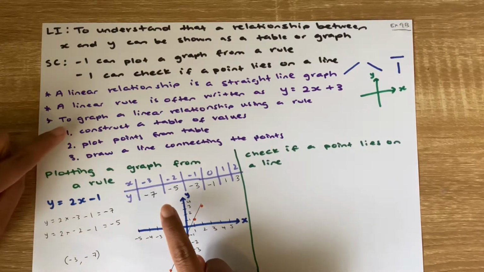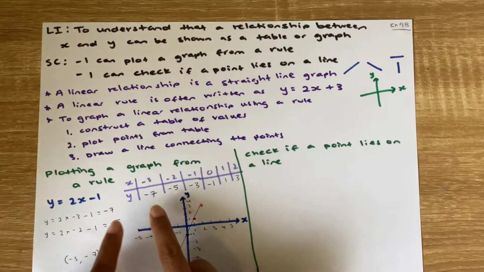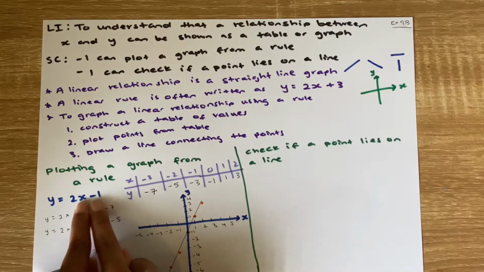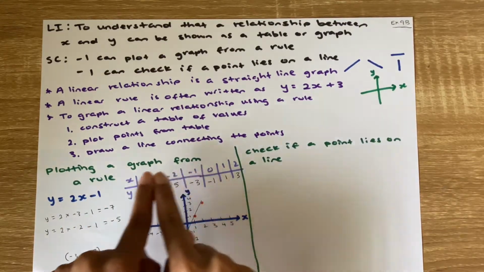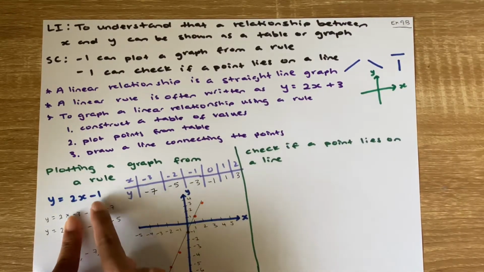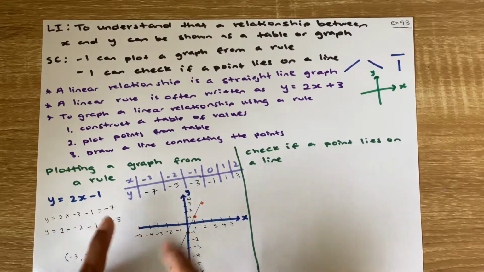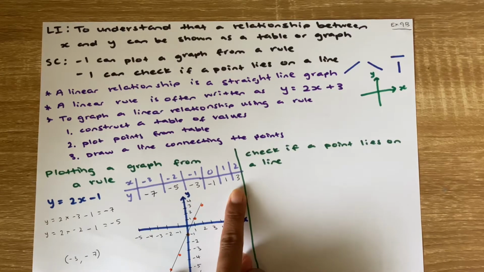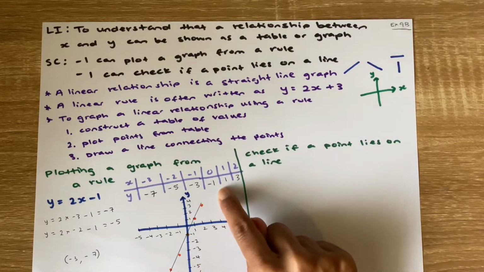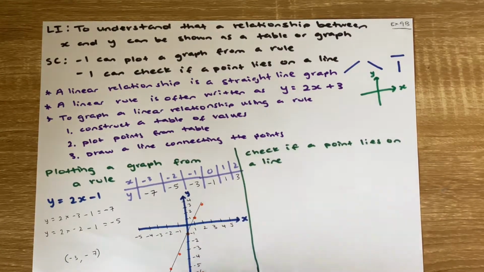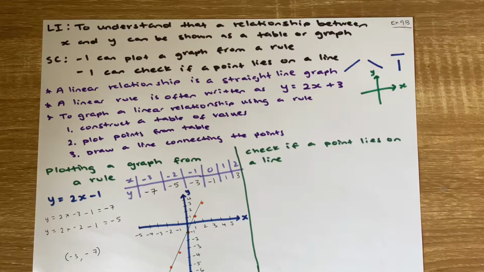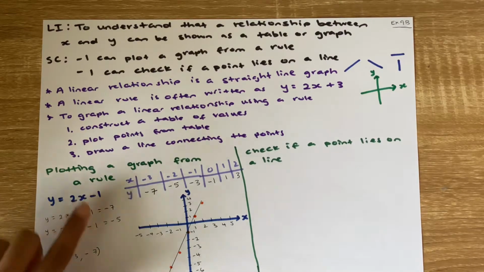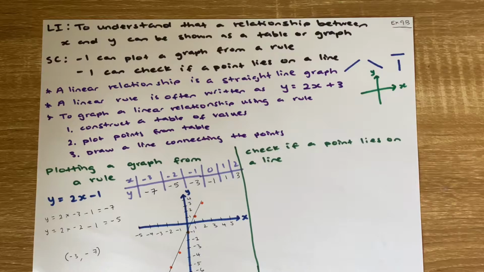So to construct our table of values, we substitute each point into our graph rule to figure out what the corresponding y coordinate is going to be. We then, once we've constructed our table of values, can plot our points, and then we can draw a line to connect the points. Okay, so that is how you plot a graph when you've been given a rule.